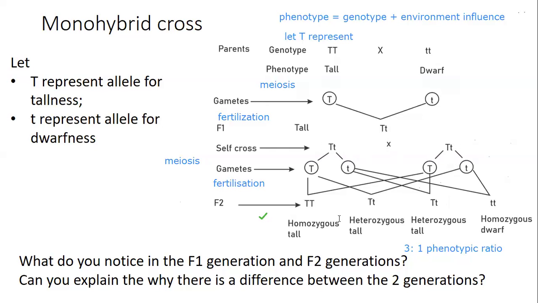Now notice that the outcome here is that phenotypically speaking, 3 out of the 4 of them are tall, and 1 out of the 4 of them is a dwarf. So you have a 3-to-1 phenotypic ratio. But we also have what we call the genotypic ratio, which would be 1-to-2-to-1. Let me just show it here.